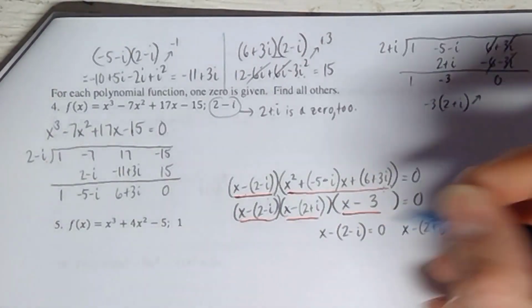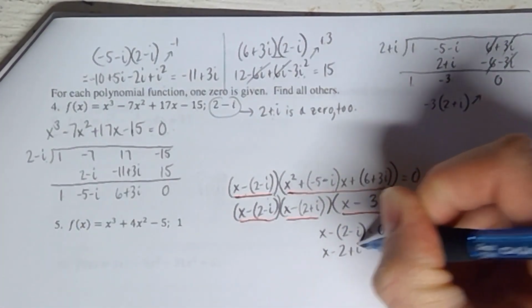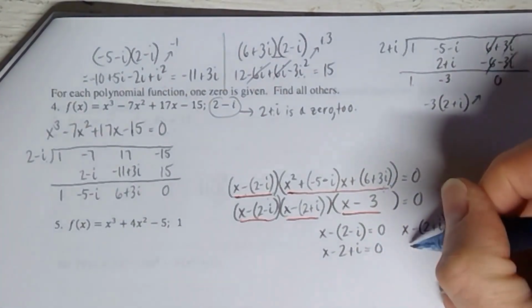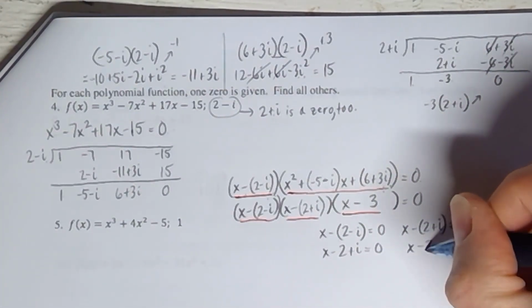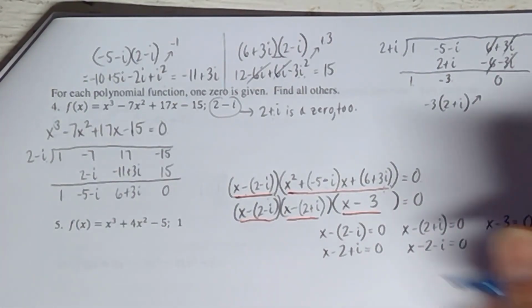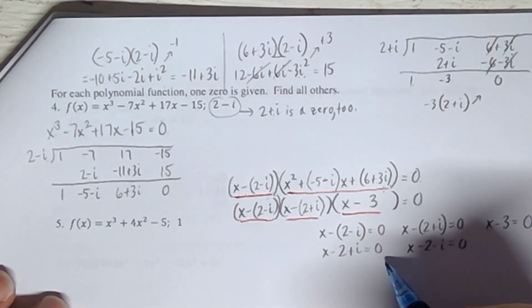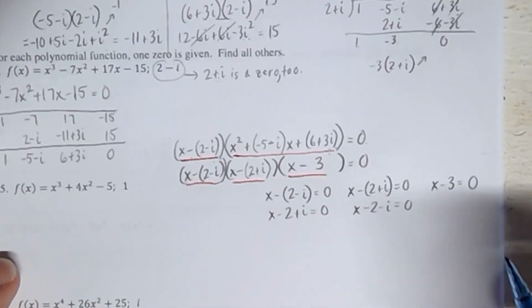So what do we get here? If I distribute out my brackets, I get this. And then I still need to get x by itself on these two, so that means I need to add the 2 over and subtract the i over.